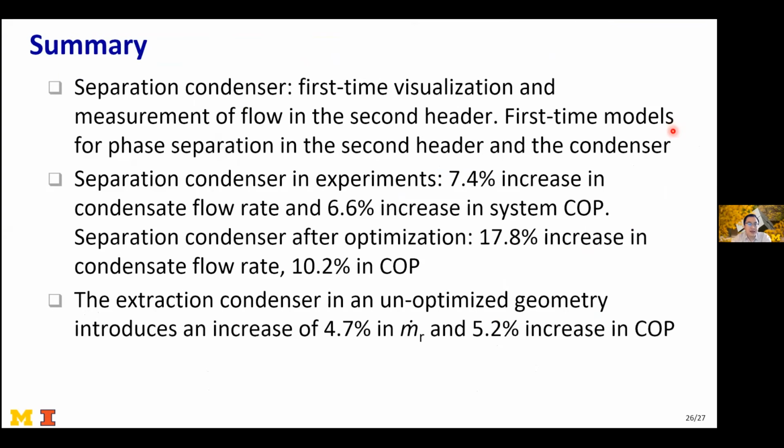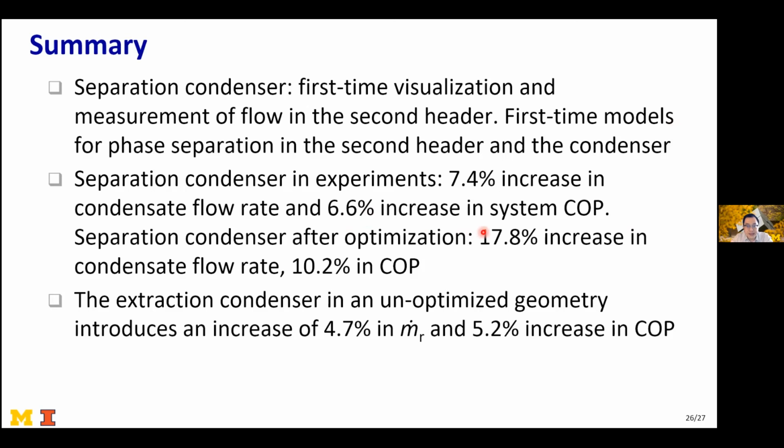5.2% higher. So as a summary, for the separation condenser research, we have conducted first-time flow visualization and measurement of the flow in the second header, and we have built first-time models for the phase separation phenomenon in the second header and the condenser. And our separation condenser experimental results showed 7.4% increase in condensate flow rate and 6.6% improvement in system COP, with the separation condenser being optimized using our condenser model.